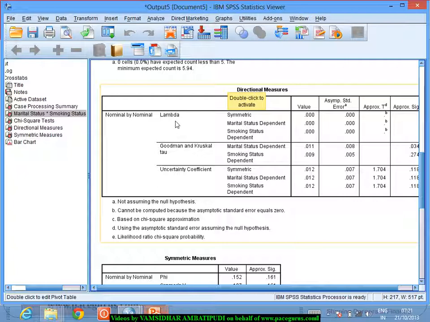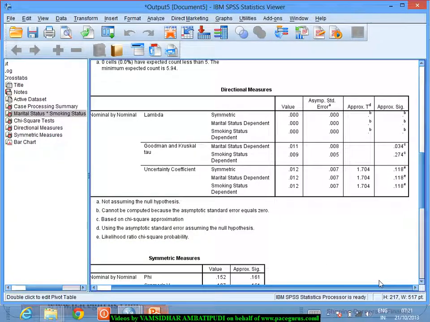There are three different directional measures which SPSS computes: the lambda, the Goodman and Kruskal tau, and the uncertainty coefficient. We are not much bothered about the formulas that they use for calculation, because the tool simplifies the procedures for us. So we need to be able to interpret from the business usage standpoint to make the necessary conclusions.